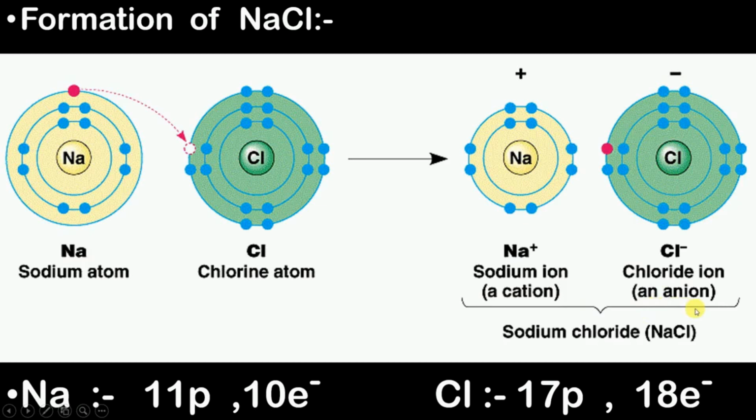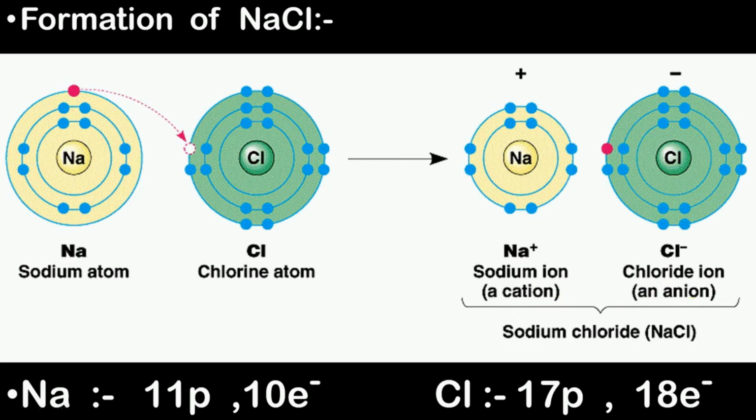So please fix these two terms, cation and anion. Now guys, can I say that in an ionic compound there will be a cation and there will be an anion? In every ionic compound there will be a cation and there will be an anion. That's all that you need to keep in mind throughout this video.